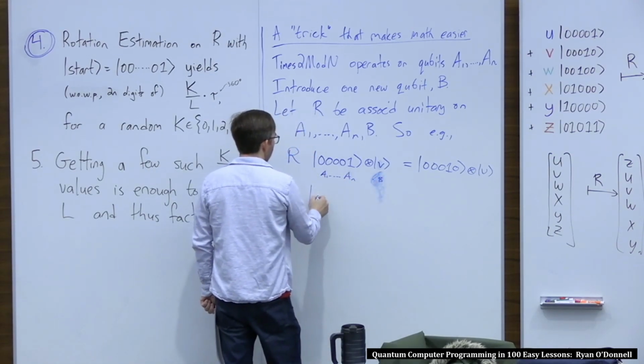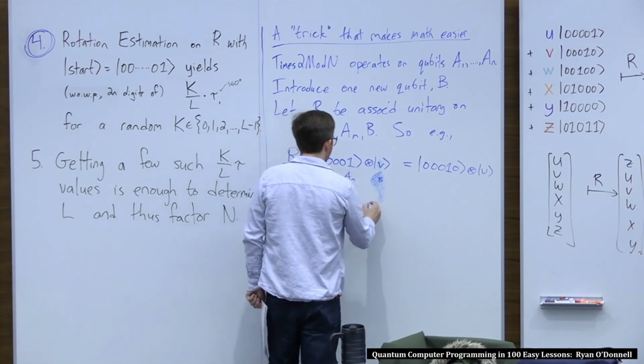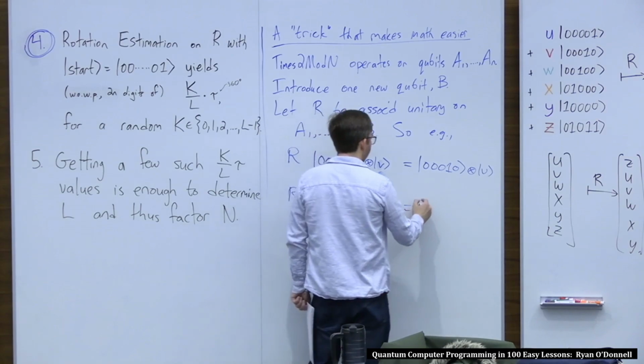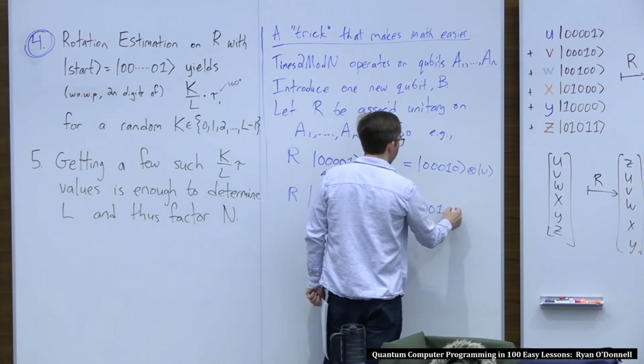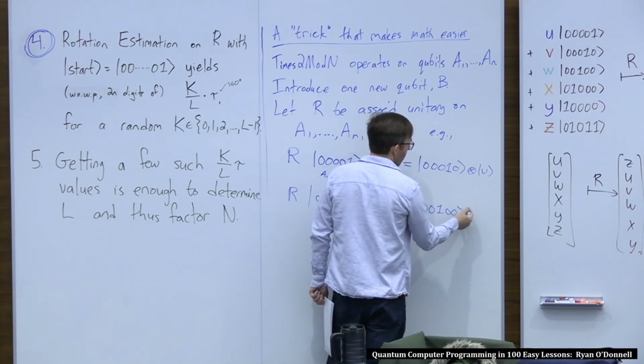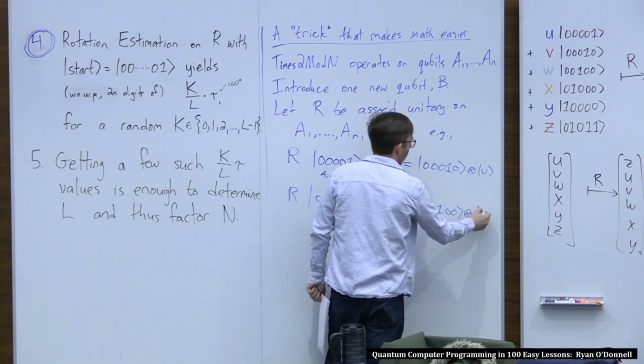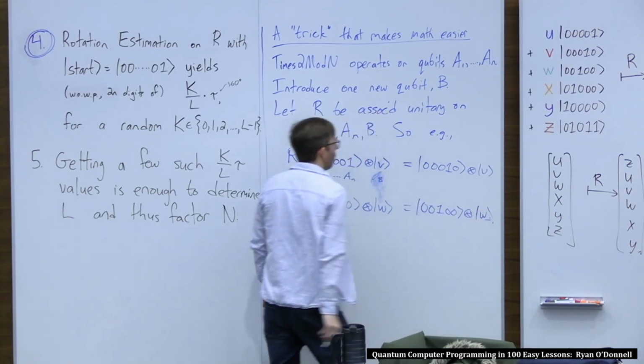OK, so similarly, if we got to this state, and this was some other vector, again, we just cyclically shift the first 5 bits. We do the cyclic operator on the first 5 bits and leave the last qubit.